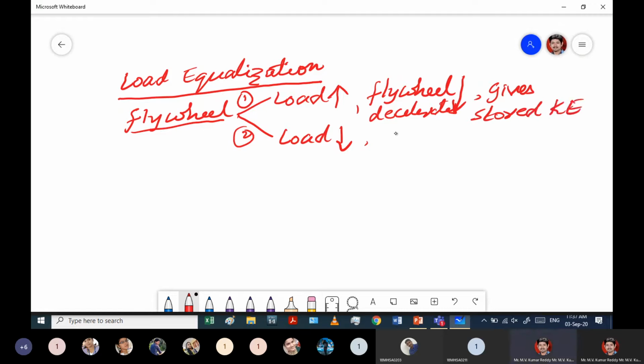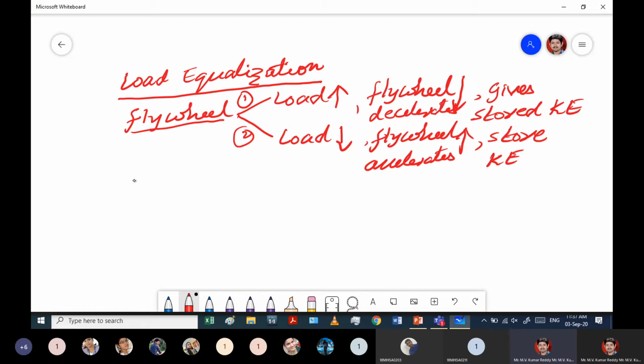When the load is decreasing, the flywheel accelerates and stores kinetic energy. These are the two conditions.